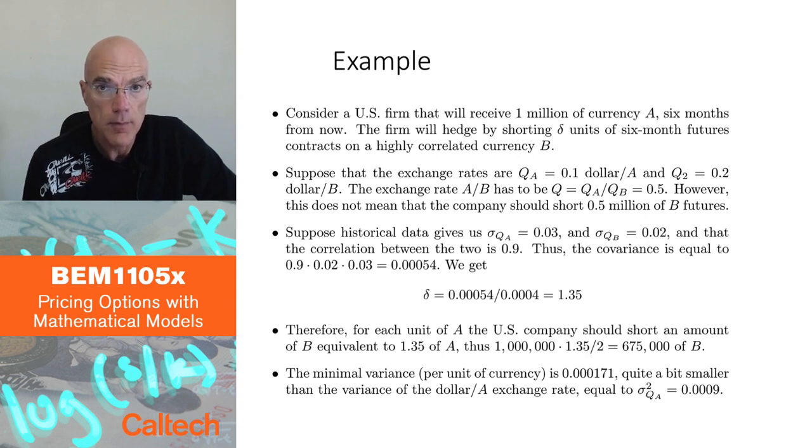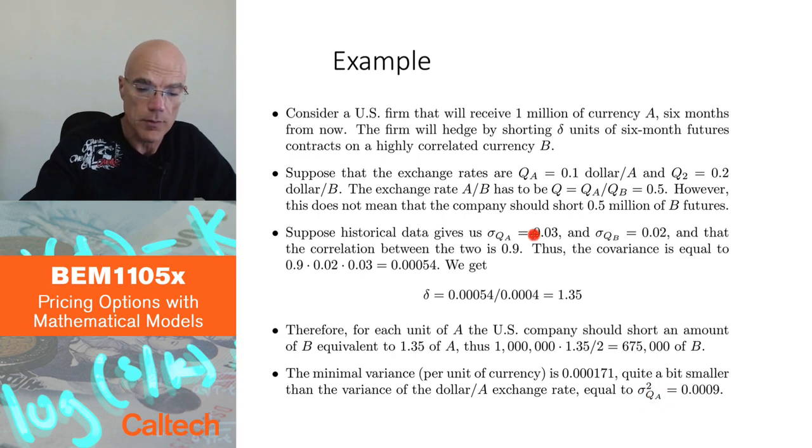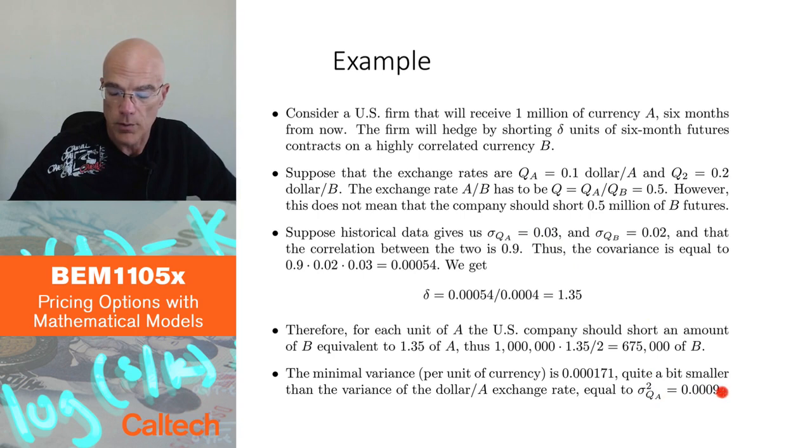And then we had a formula for the minimal variance, which you could compute, and if you just put the numbers into the formula, you get this number here, okay? 0.000171. Now, if you don't hedge, then your minimal variance is simply the variance of currency A, which is 0.03 squared, which is 0.0009.